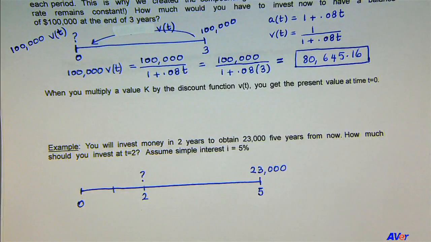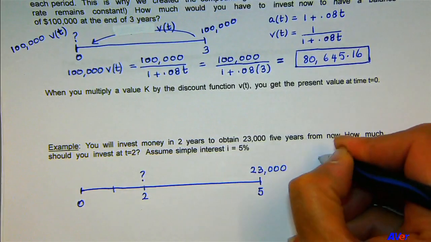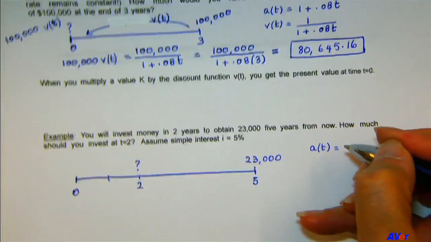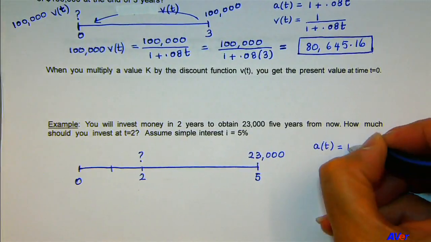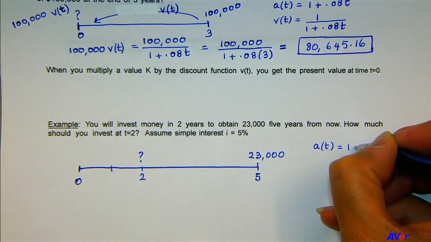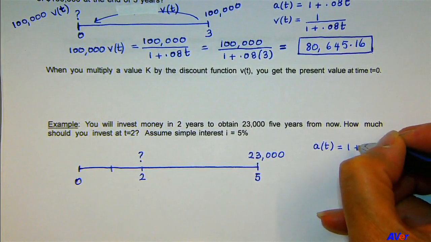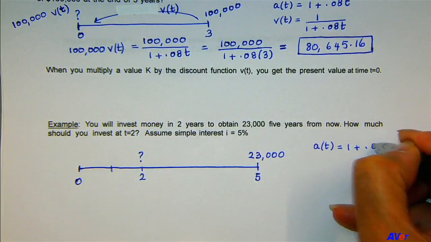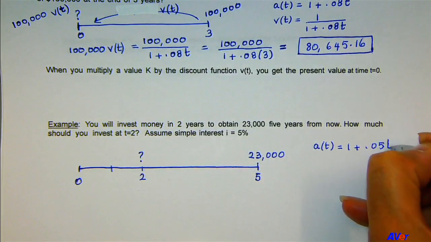What is the accumulation function for simple interest? This you should know, right? We just used it. A of t equals what? 1 plus, I can't say 1.05, right? 1 plus 0.05 times t.